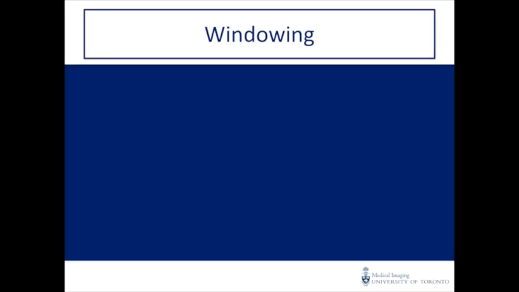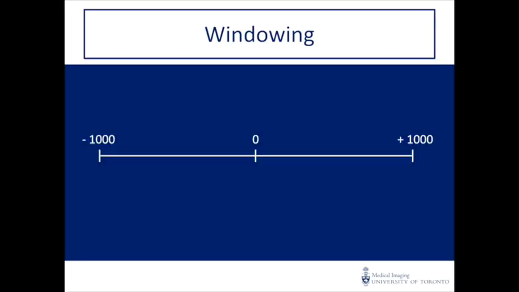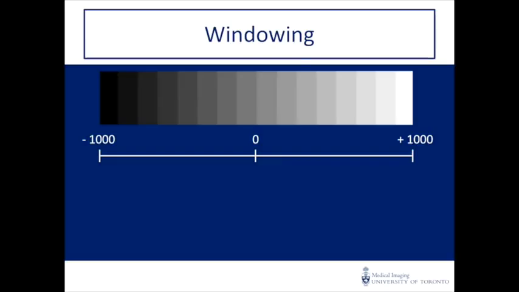Some people say that the number of shades of gray that we can detect or differentiate is 30. But who cares what the actual number is? If we were to distribute all of the different shades of gray that our eyes can detect evenly over the entire scale of densities that we know, from air at -1,000 to dense cortical bone near +1,000, then a simplified version of the distribution of these shades of gray might look something like this.